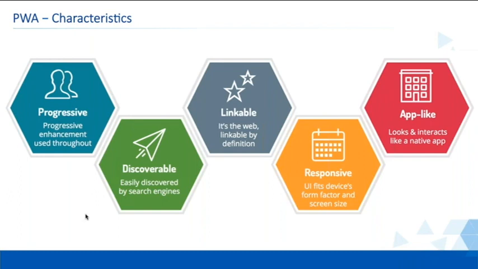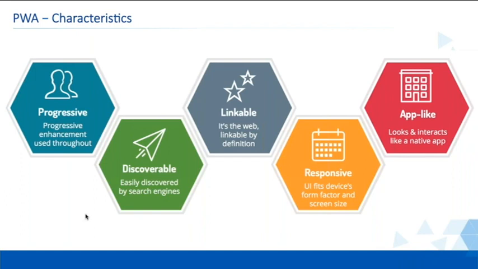Apart from that, the other characteristic we discuss is progressive. We know what the user is, what the user's device is capable of doing, so accordingly let's progressively enhance the experience or probably gracefully degrade. Next is discoverability; it should be easily discoverable.